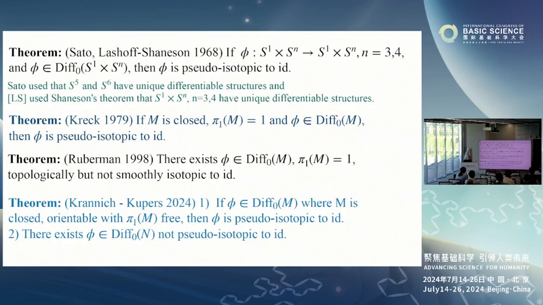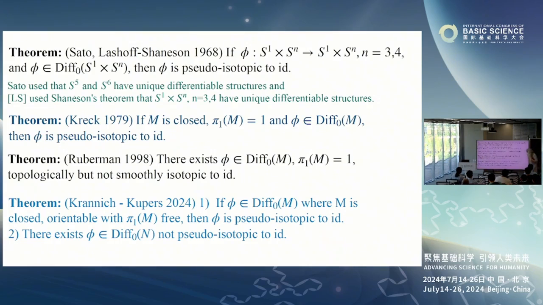Well, first there's the theorem independent of Sato and Lashoff-Shanison, 68, that if you have a diffeomorphism of S1 cross S3 which is homotopic to the identity, then it's pseudo-isotopic to the identity. It's actually a very short argument, but what powers that is Shannison's thesis, which shows that there's a unique differentiable structure on S1 cross S3.